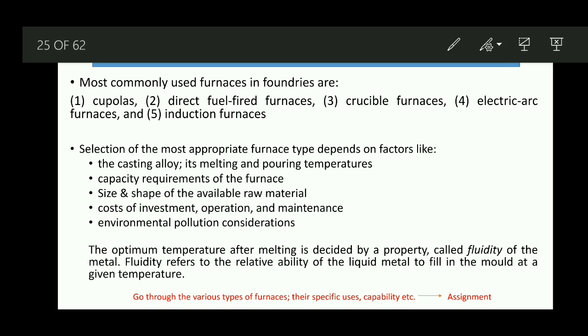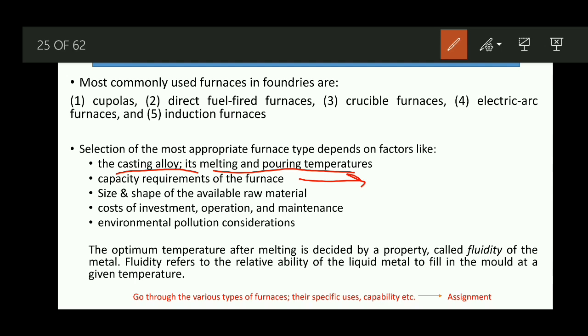First is the casting alloy itself. What is the casting alloy we are working on, and what is its melting or pouring temperature? Based on that, the selection of the furnace will be made. Similarly, all the furnaces will not have equal capacity.